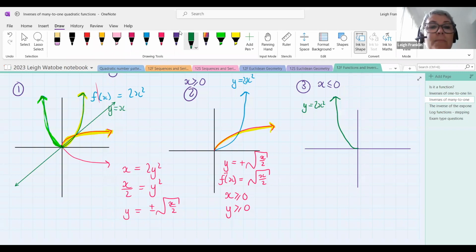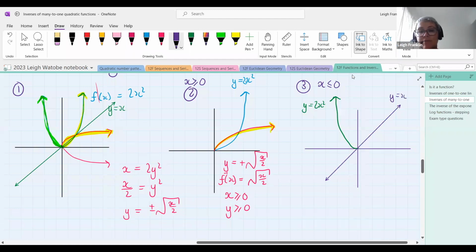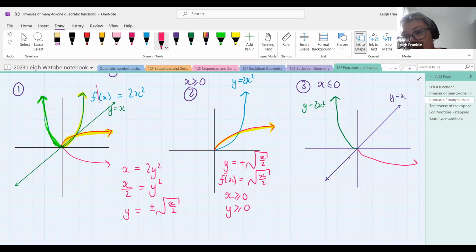If I put in my line y equals x, let's do that in a different color, it would look something like that. There's the line y equals x. And now when I reflect the green line over my line y equals x, I'm going to end up seeing that arm over there.